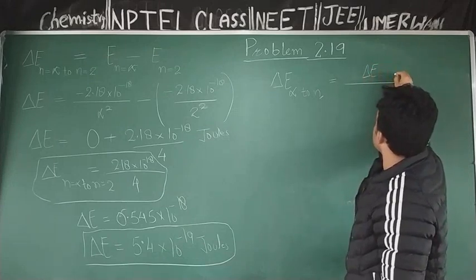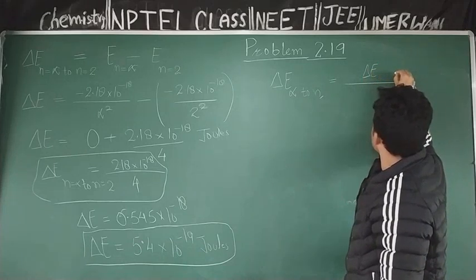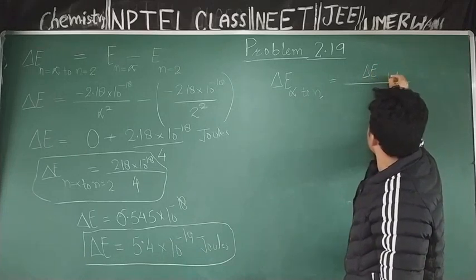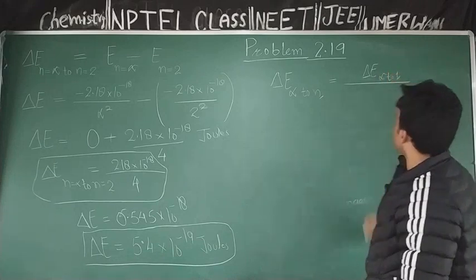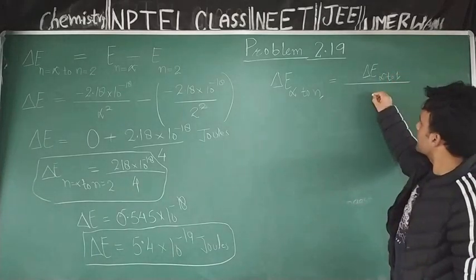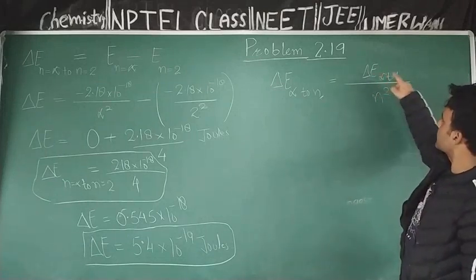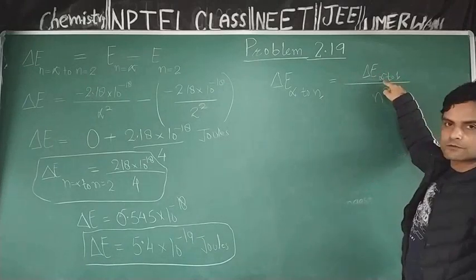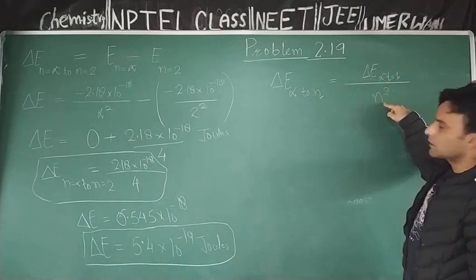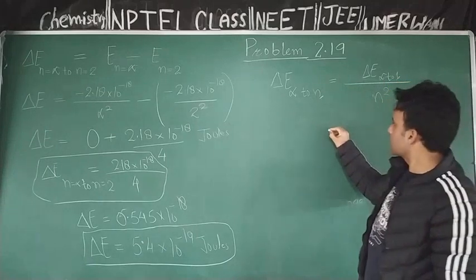It is equal to the ionization energy required to remove an electron from first orbit to infinite orbit divided by n square. That is, the energy required to take an electron from first orbit to infinite orbit divided by the square of the orbit number in which the electron is present.